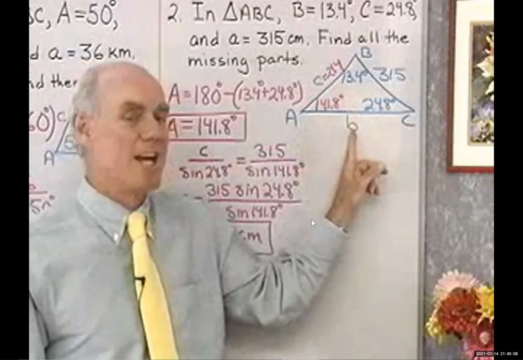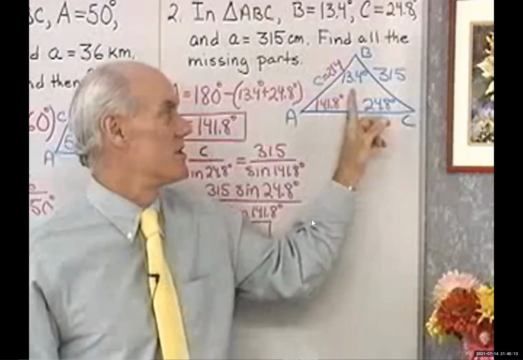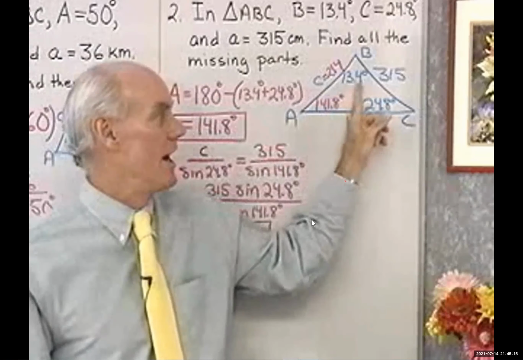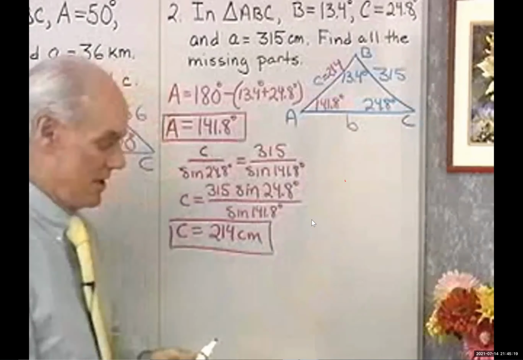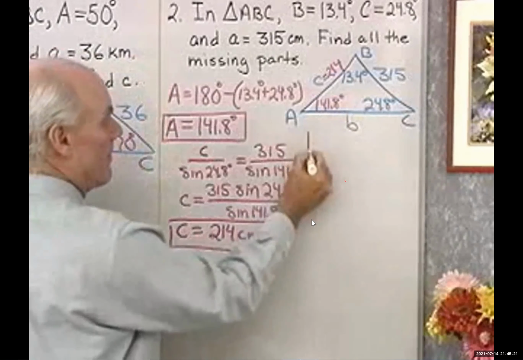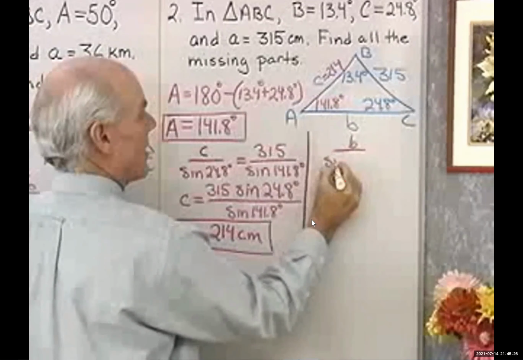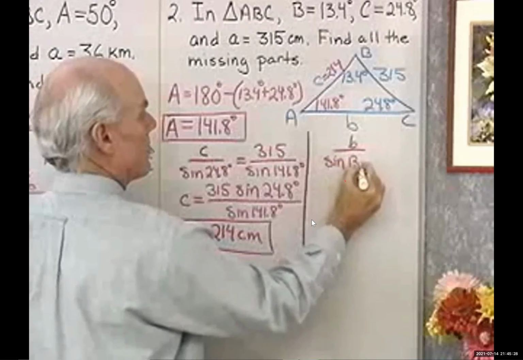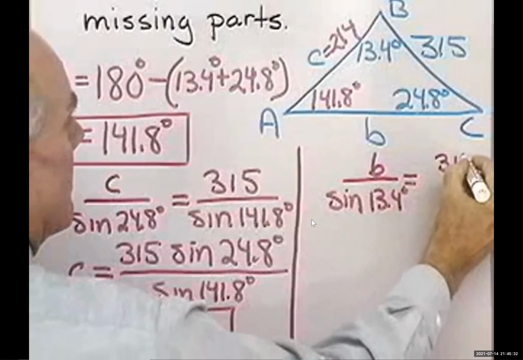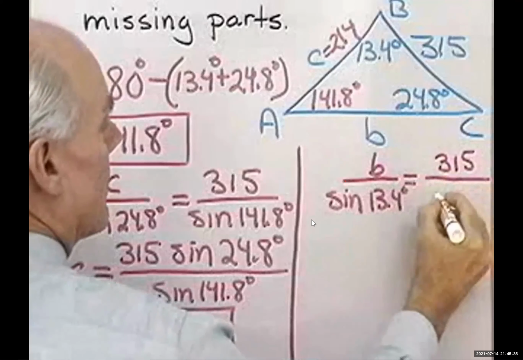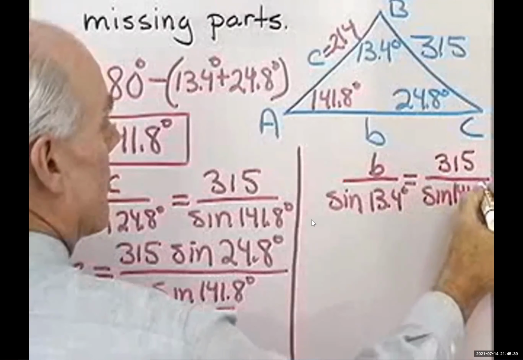The only thing left to find now is side B, and I'll use the law of sines again to say that B is to the sine of 13.4 as 315 is to the sine of 141.8. So let's do that problem over here. And I'll say B is to the sine of 13.4 degrees as 315 is to the sine of 141.8 degrees.